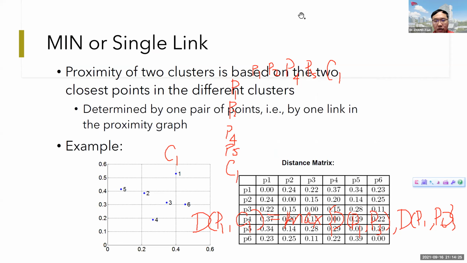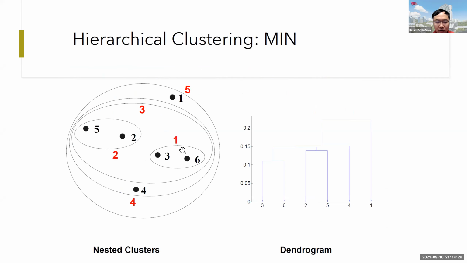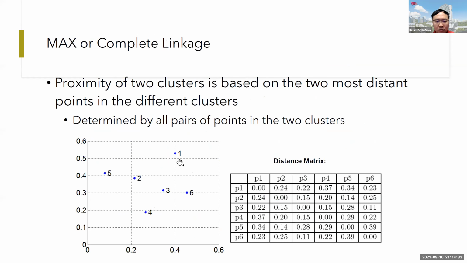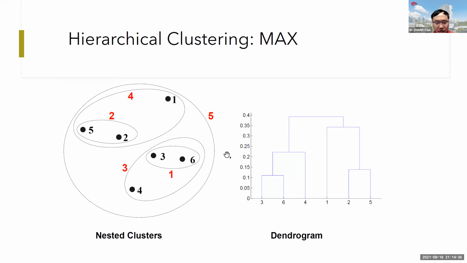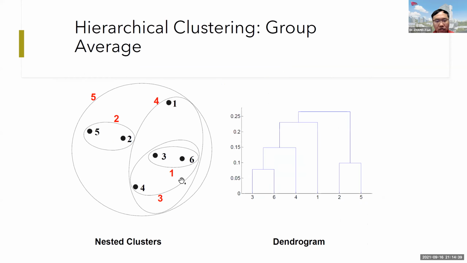Let me clear my drawing. No matter whether we do single linkage, we first merge 3 and 6, or we do max, we always first merge 3 and 6, or we do group average, we still first merge 3 and 6. It is because when we merge the data points, we always consider a pair of data points that have the closest distance.